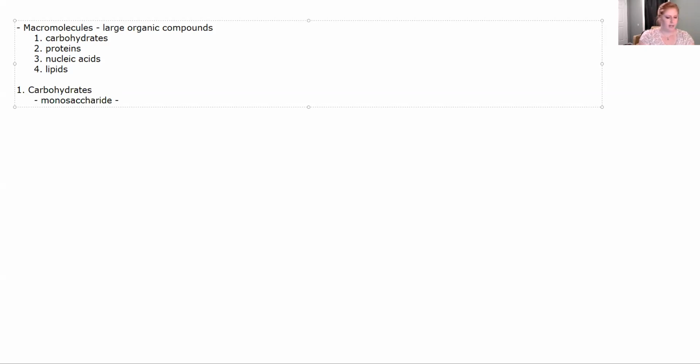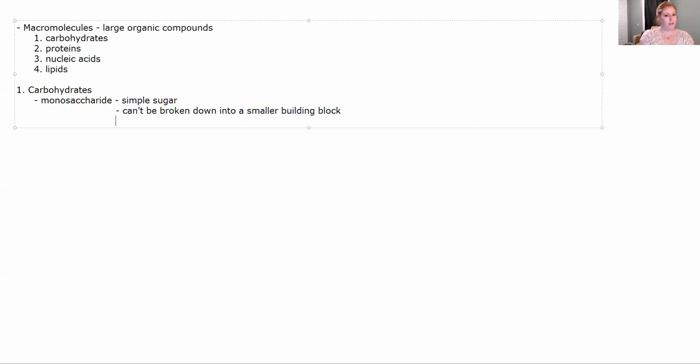So a monosaccharide is sugar, and it can't be broken down into a smaller building block, because it can get broken down into atoms, but it can't get broken down into a smaller building block. It's the brick in the wall, if you will, okay?